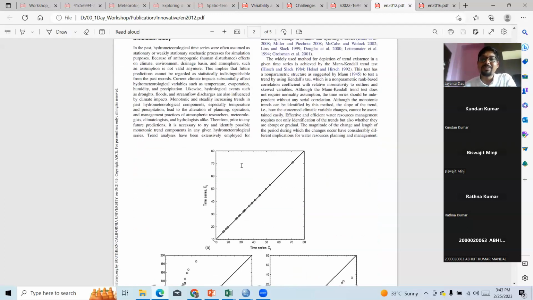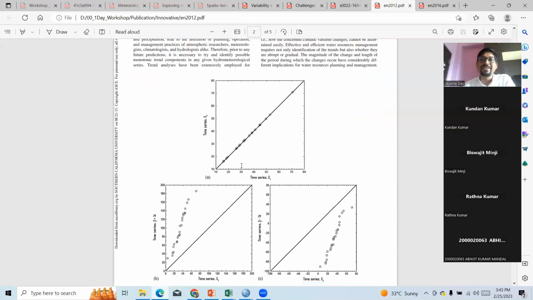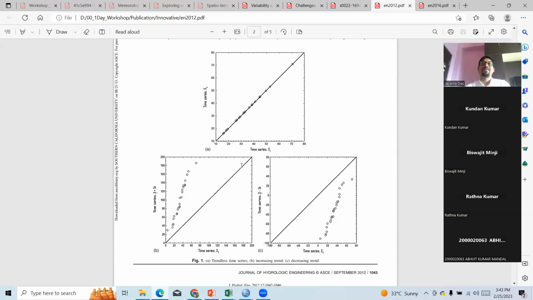Now I'll explain what is monotonic trend and what is non-monotonic trend. First, see this picture. The first graph, this line is at a 45-degree angle. We can say 1:1 line, no trend line, or trend-less line, whatever you may call.